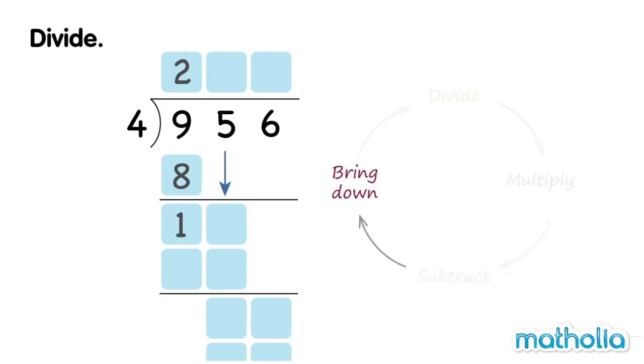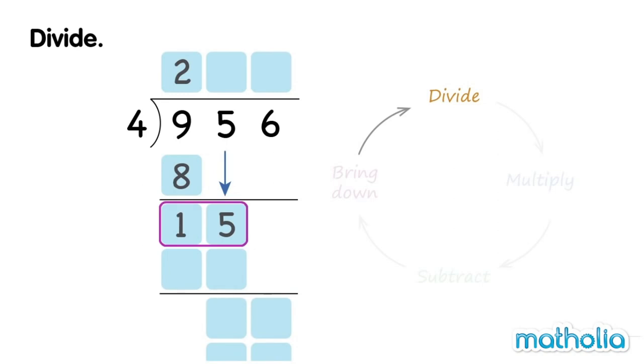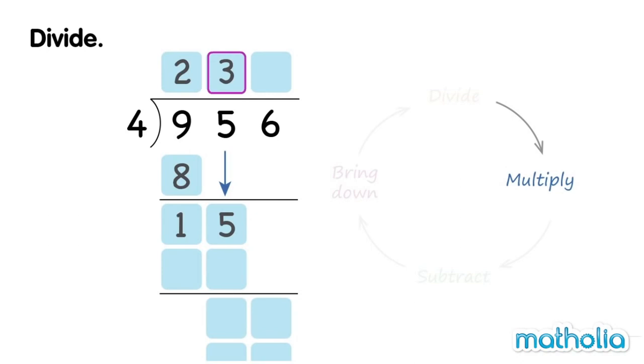Bring down the tens. Now we have 15 tens. Divide. 15 tens divide 4 gives a quotient of 3. Write the 3 in the tens column at the top. Multiply. 3 tens times 4 equals 12 tens.